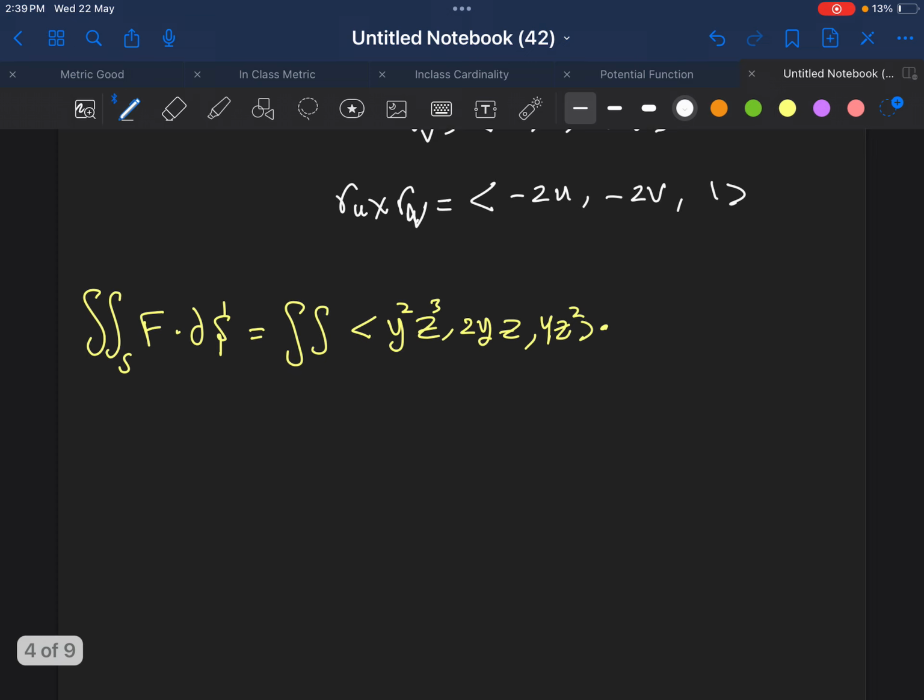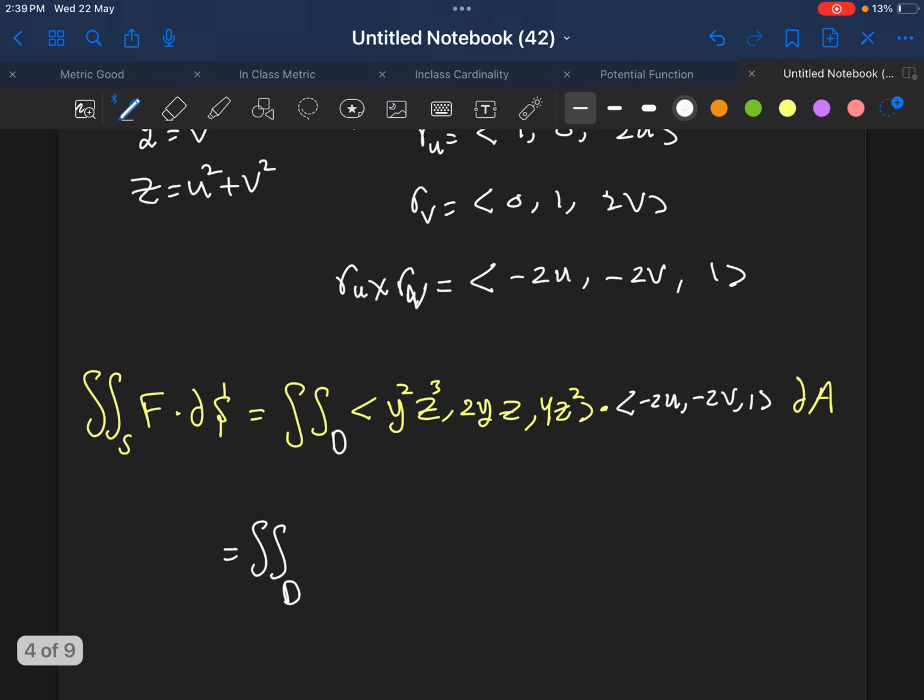We do the dot product with the normal vector, which is (negative 2u, negative 2v, 1), and then we write dA. Now we have to find this double integral.